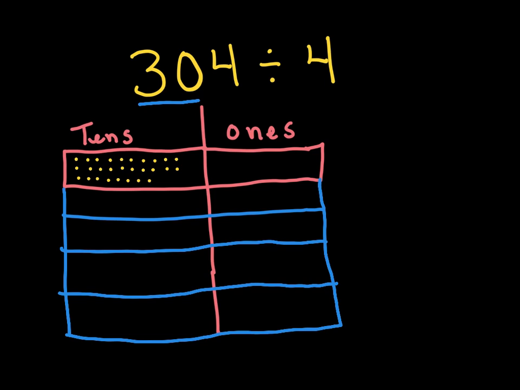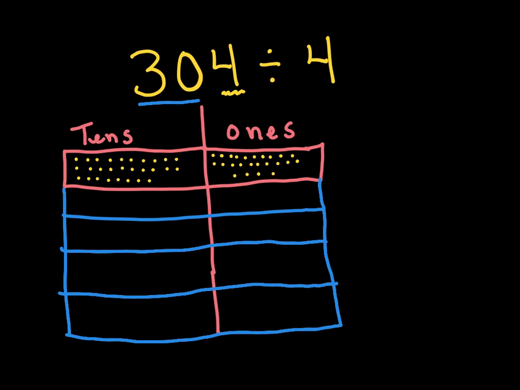But remember, we have to give those 2 leftover tens, because 2 more from 28 would be 30. So it can't go into 30, but it can go into 28. So we have to take those 2 tens, which is 20, and give them over to the ones. So we have 1, 2, 3, 4, 5, 6, 7, 8, 9, 10, 11, 12, 13, 14, 15, 16, 17, 18, 19, 20. And don't forget our 4 ones.